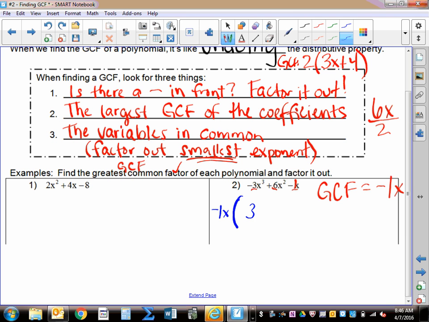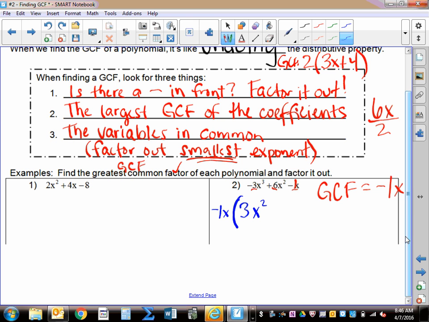Good. Or you can think of it this way: -3 divided by -1 is 3. X times what gives you x cubed? Yeah, x squared. Or you can think of it this way: x cubed divided by x is x squared. Let me repeat that.